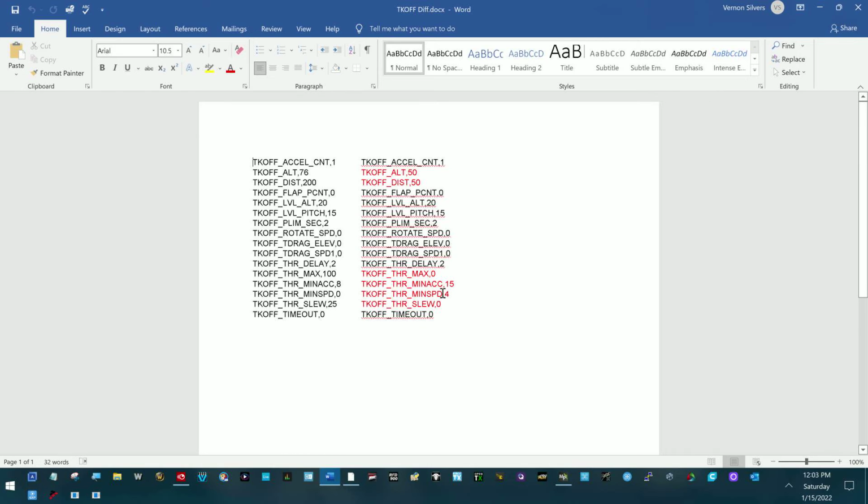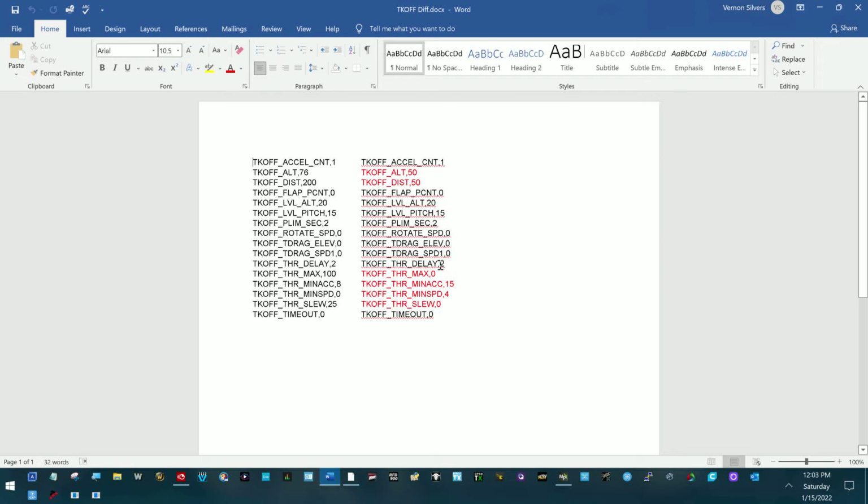And as far as these two figures, this is delay. This is actually the delay in time before it will start to throttle up if it sees these velocities. You know, I don't think I need any of them.